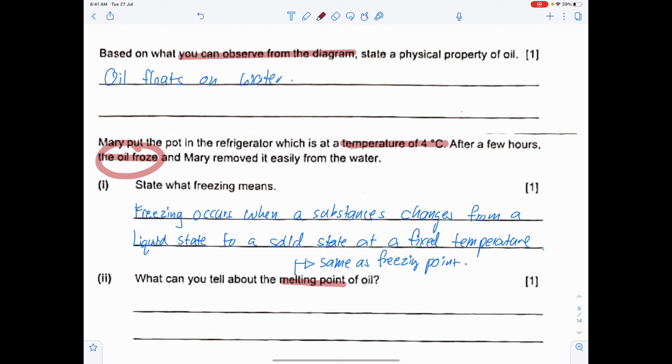Now B says, explain why the reading of the balance increased in diagram 2. In this case, many of you were able to tell me that it's got to do with repulsion. But you didn't tell me the like poles are facing each other. You have to tell me that the like poles are facing each other, so therefore it will repel.